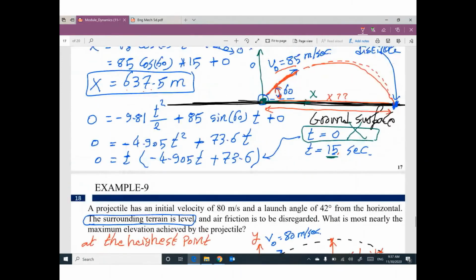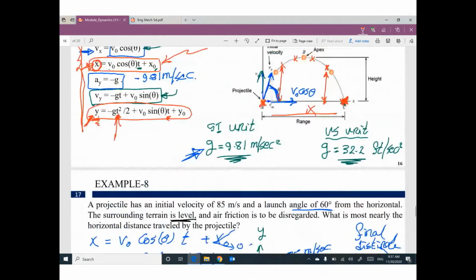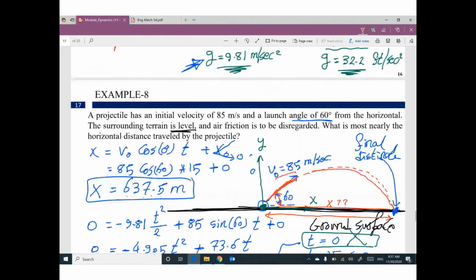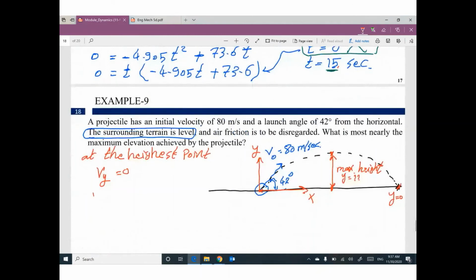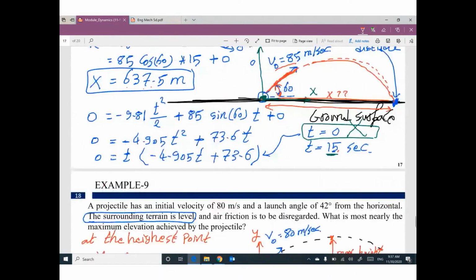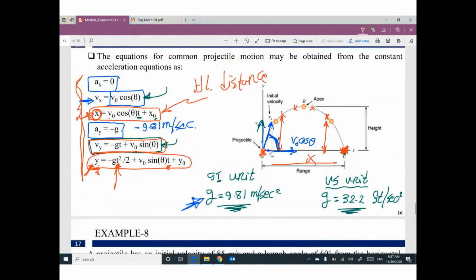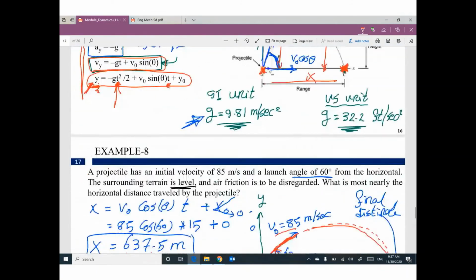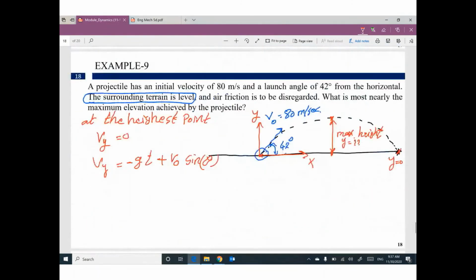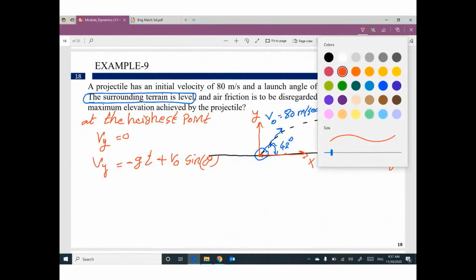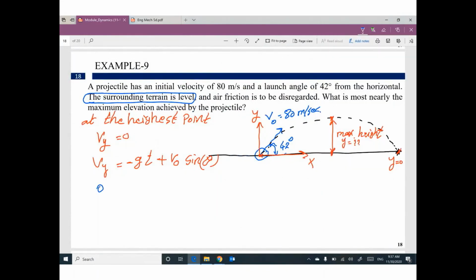So here is the equation for Vy. Vy equals negative g t plus V naught sine theta. This equation equals 0.